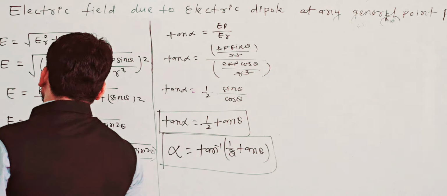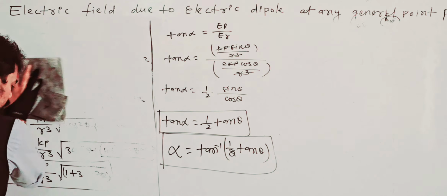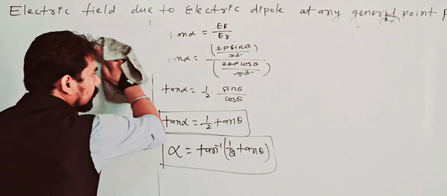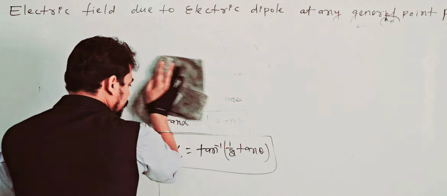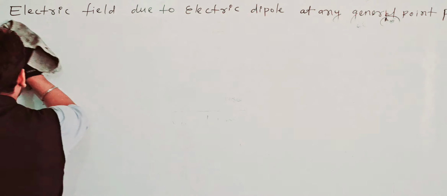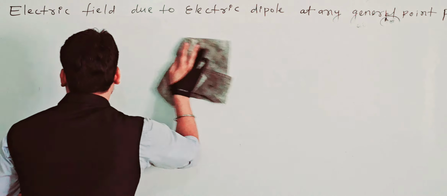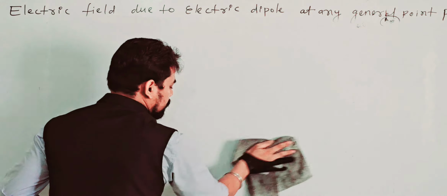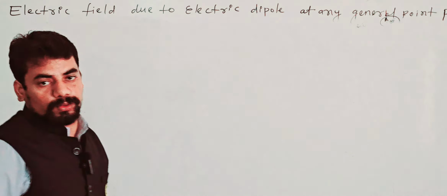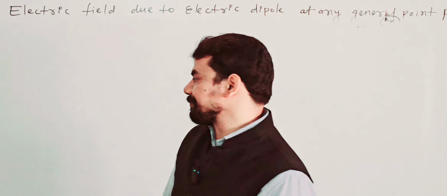So you can pause over here and write, you can understand. In case of any doubt, feel free to ask. Okay, this is the value at a general point, and at the general point alpha will represent the direction of the net electric field, and the value is the magnitude, that is kp by r cube bracket under root 1 plus 3 cos square theta.